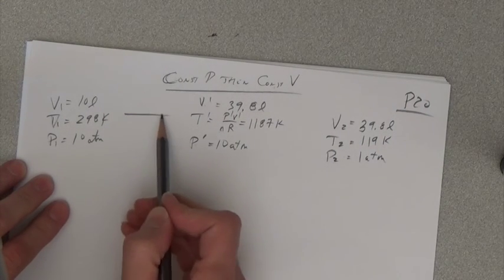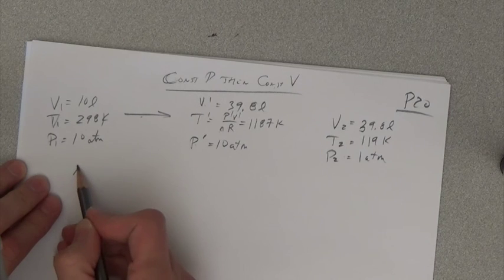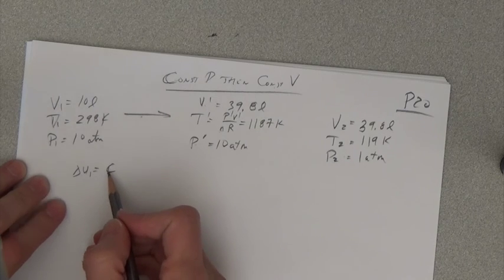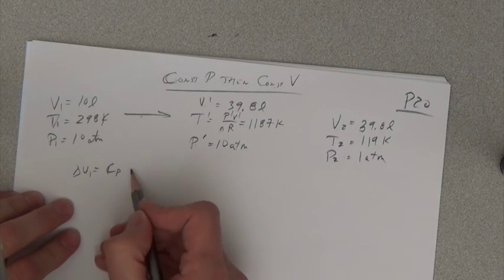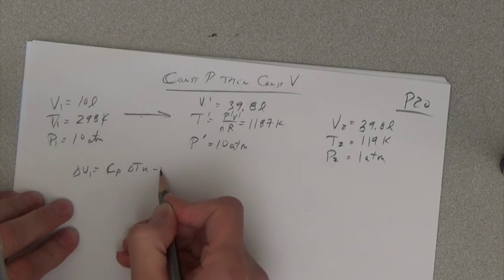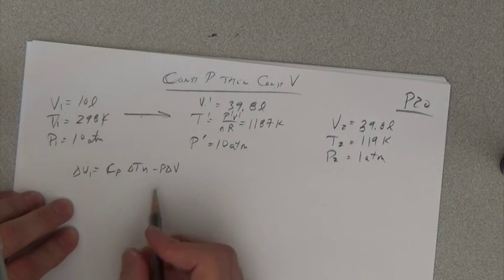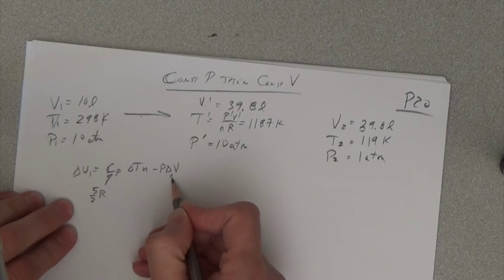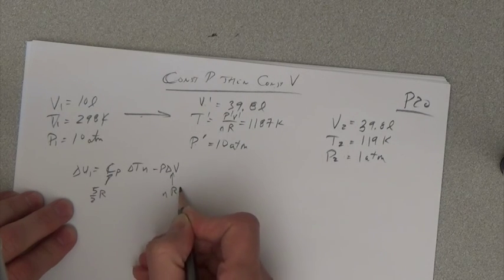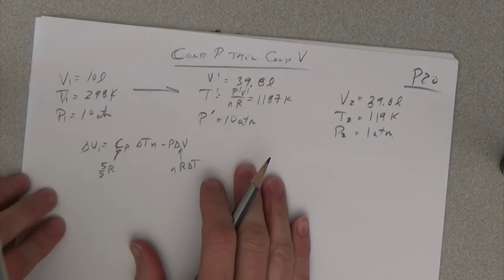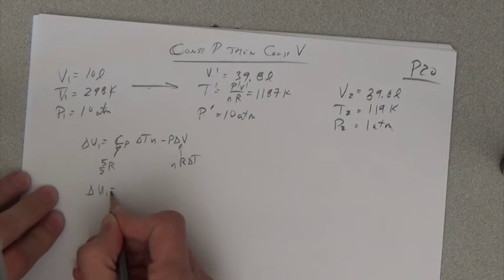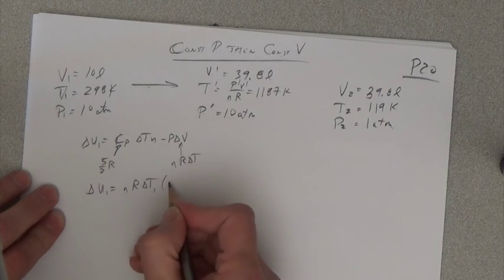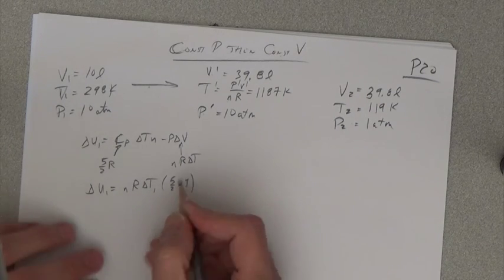Okay, so this path, delta U1 is equal to constant pressure molar heat capacity, delta T N minus P delta V. That's 5/2 R. For delta V, we substitute NR delta T, which means delta U1 is equal to NR delta T1 times 5 halves minus 1.